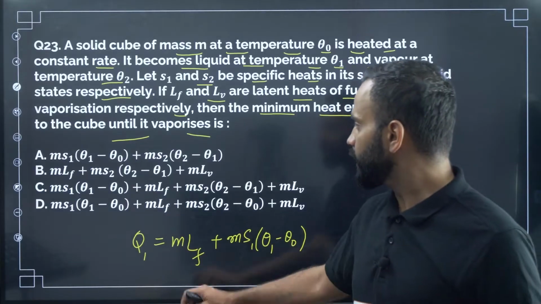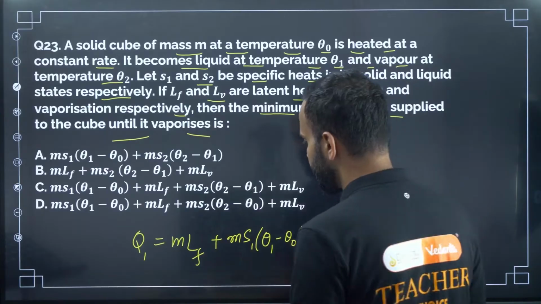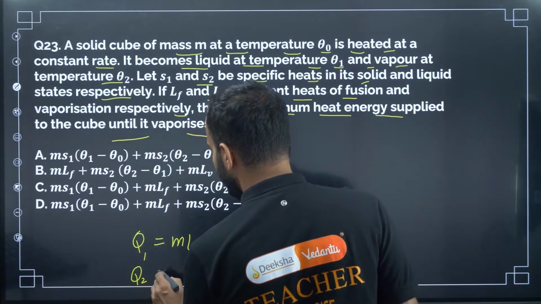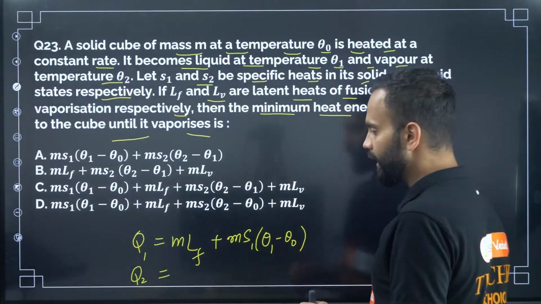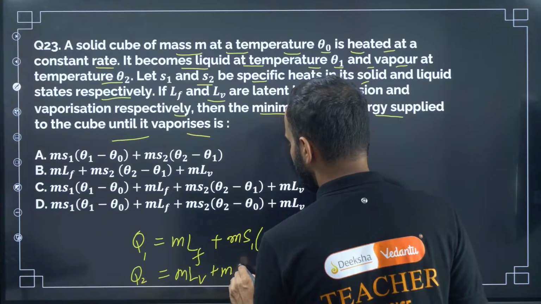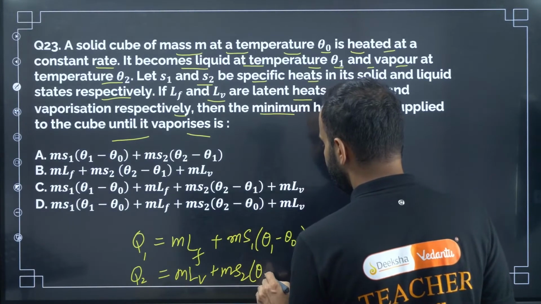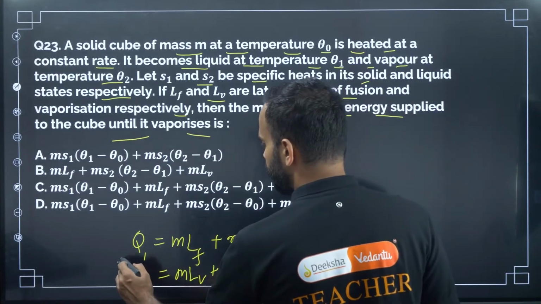So this is the heat energy required to convert solid to liquid, right? Next, the heat energy required to convert liquid to vapor, so that will be m into LV plus m into S2 into theta 2 minus theta 1. Now add these two heats.